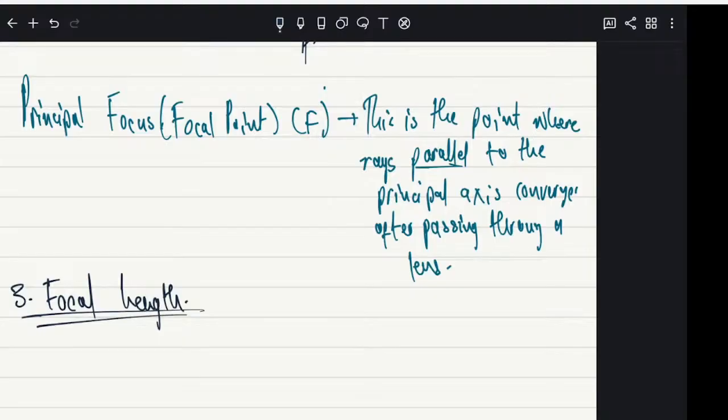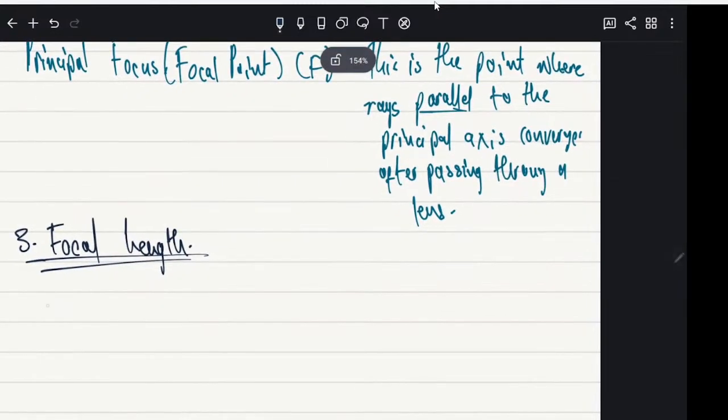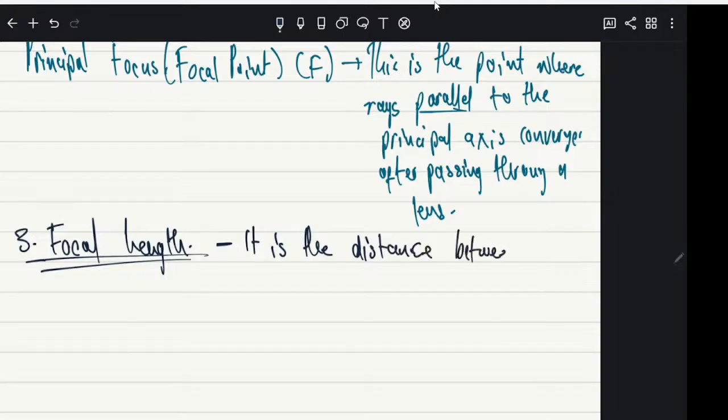Students, what then is the focal length, sir? It is the distance between the optical center, which we saw right at the center of the lens, and the principal focus.